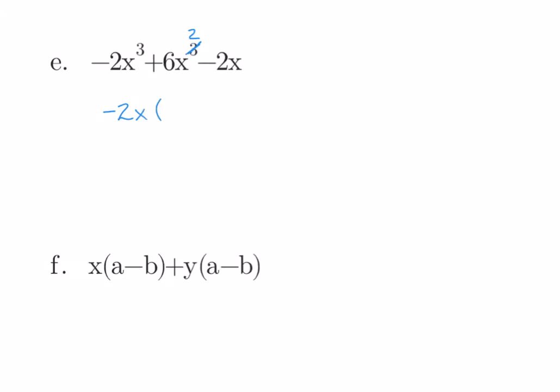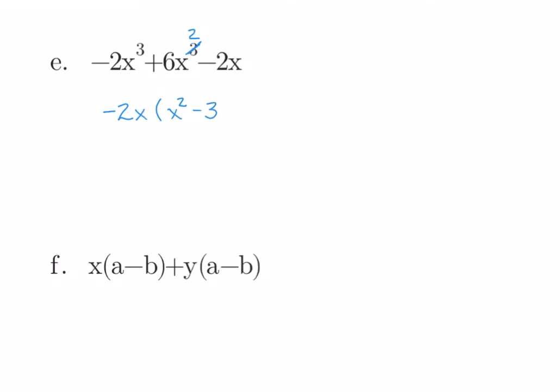So now if we go ahead and divide by negative 2x, we get, for the first term, x squared. My negative 2 goes away. Out of my 3, I pull out 1. That leaves me with 2. 6 divided by negative 2 is negative 3.